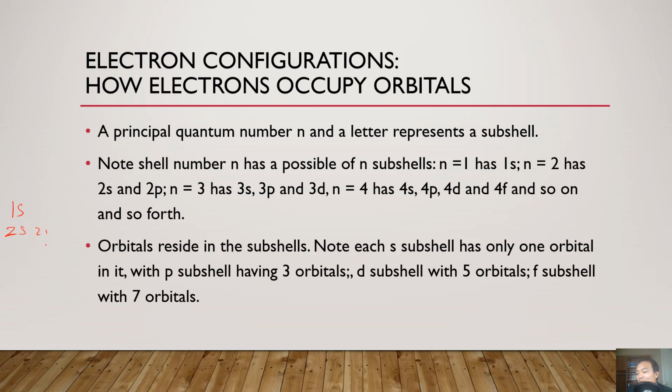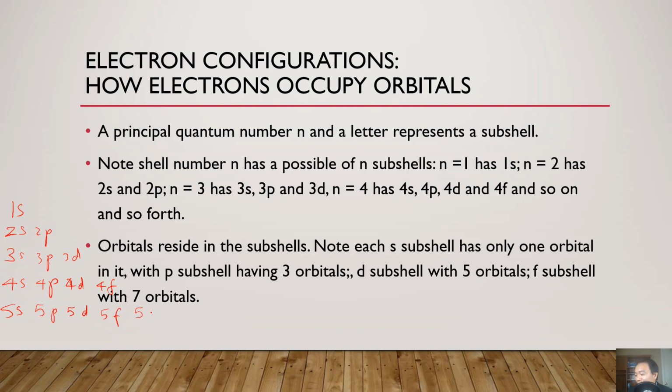In 2, you have 2 possibilities, 2s and 2p. In 3, you would have 3s, 3p, and 3d. In 4, you would have 4s, 4p, 4d, and 4f. And in 5, you would have 5s, 5p, 5d, 5f.